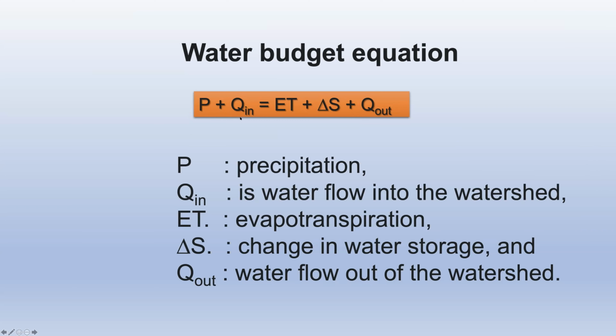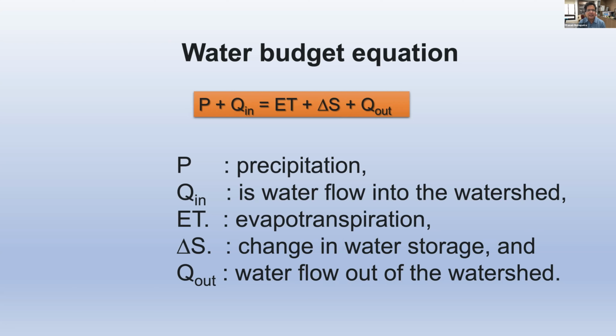This is the inflow or the discharge which is coming to the watershed or catchment, and ET is evapotranspiration, and delta S is the storage or the change in storage. You can consider everything in terms of volume. Sometimes you may also see some texts using height, for example, precipitation may be used in terms of height, not in volume.